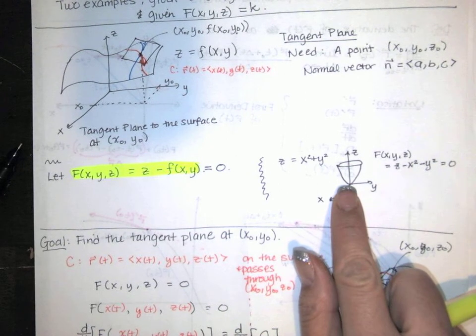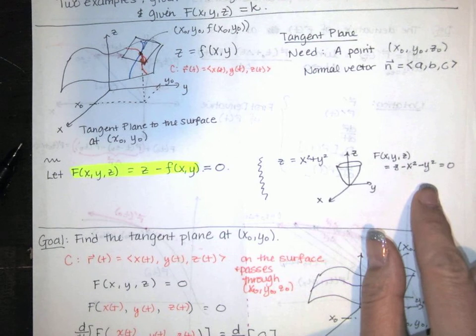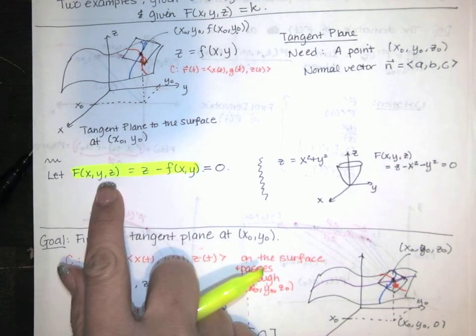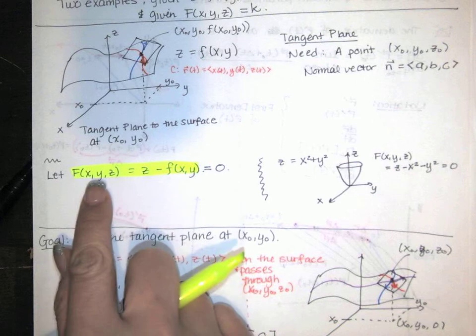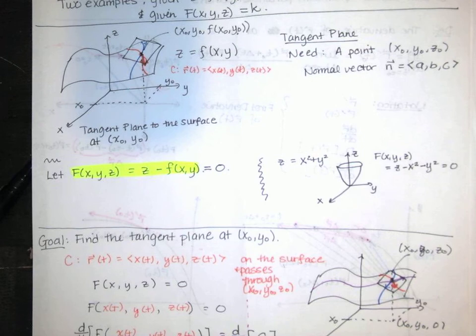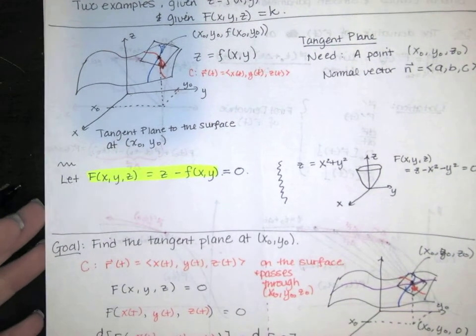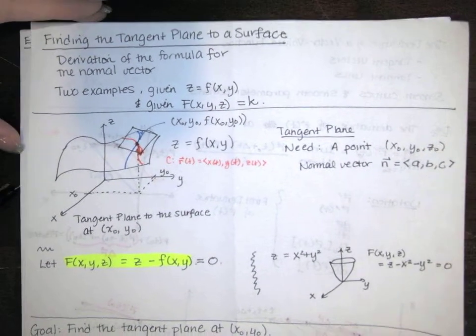So rather than thinking of this as a function of 2 variables, I'm thinking of it as a level surface of a function of 3 variables. We get that. The normal vector to the surface is just the gradient of this evaluated at x naught, y naught, z naught. Okay. So we got the 2 things that we need. Now we can apply that to actually find the normal vector to a surface that we're familiar with. So here's our first example.